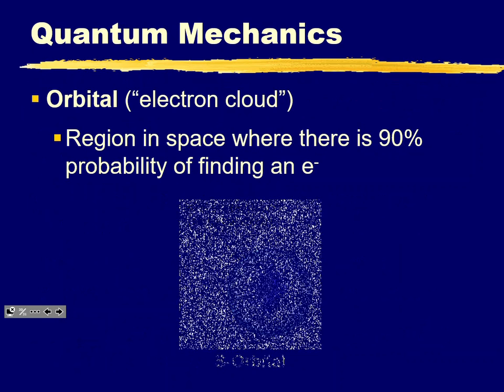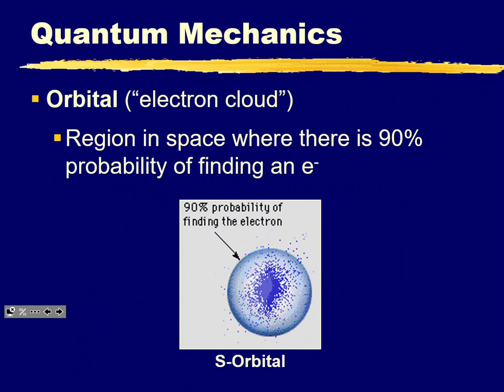Okay? What does an orbital look like? This specific orbital is an S-shaped orbital. The S orbital is a sphere, and this graphic up here is showing you an electron dot density diagram, where they used things to detect where the electrons were and found the location.